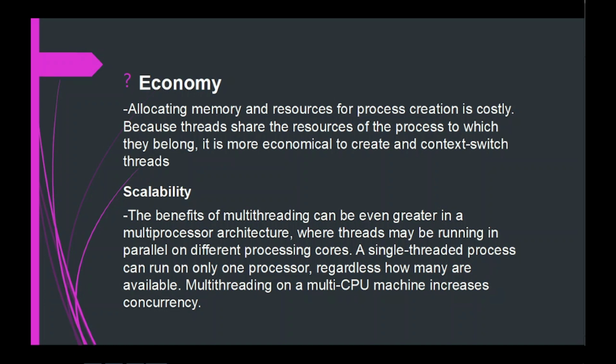It looks like a zigzag. Parallel is like a zigzag across cores. So a single-threaded process can run on only one processor regardless of how many are available, while multi-threading on a multi-CPU machine uses concurrency.